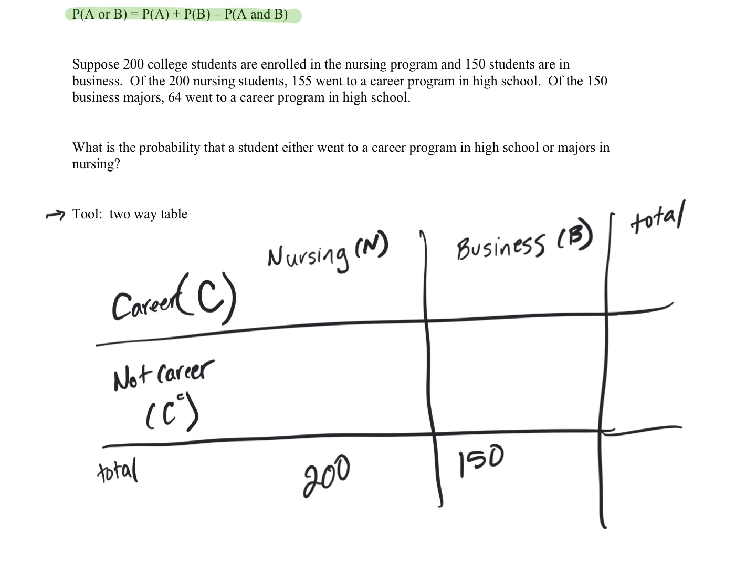So already I can fill in one more box. If I know these two, I also know that this one would be 350. What else do I know? So where does that go? Top left.